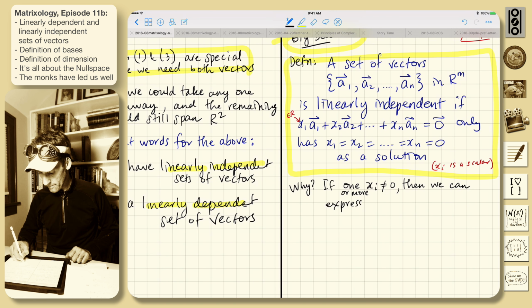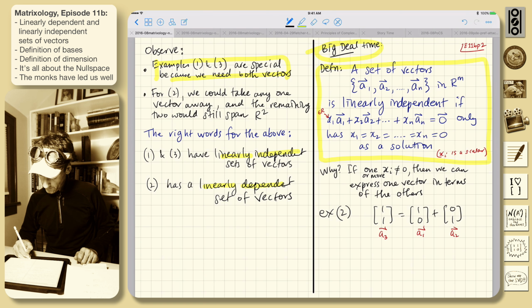So the notation for that would be 1 times A1 plus 1 times A2, in terms of this definition, minus 1 times A3 equals 0. So there's a set of x's that are non-zero: this is x1, this is x2, and this is x3.